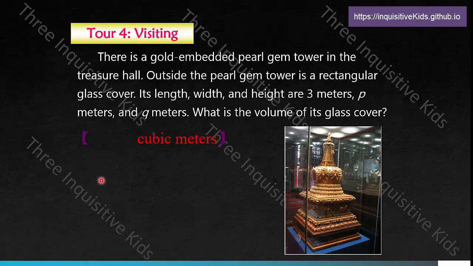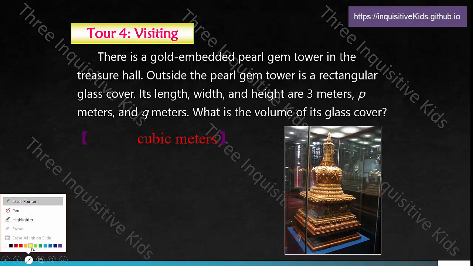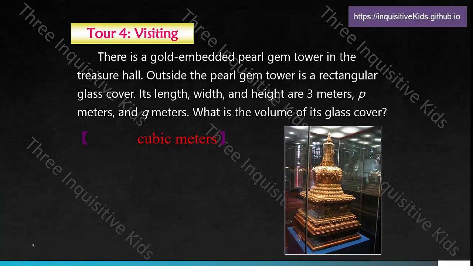Tour 4, visiting. There is a gold-embedded pearl gem tower in the treasure hall. Outside the pearl gem tower is a rectangular glass cover. Its length, width, and height are 3 meters, p meters, and q meters. What is the volume of its glass cover? Now we have 3 variables, but don't worry and stay calm, because this is nothing more than what we've encountered before.